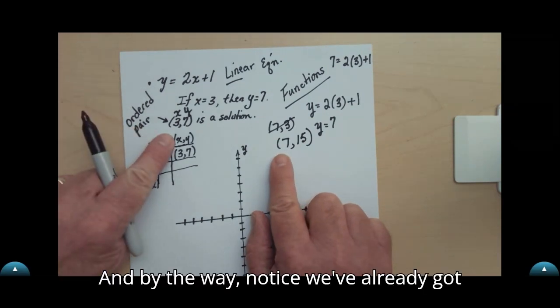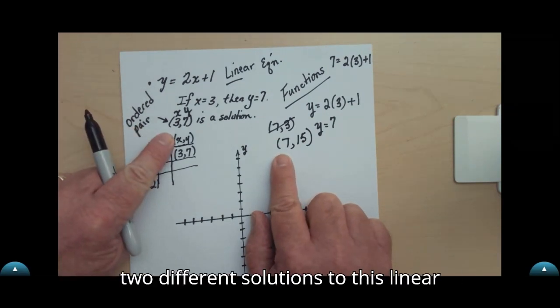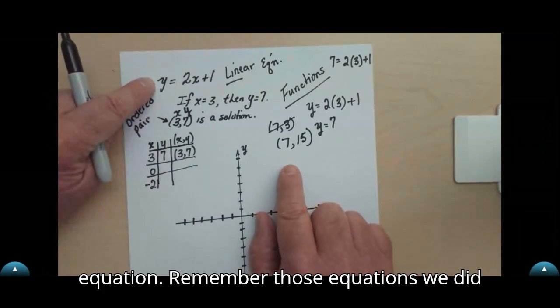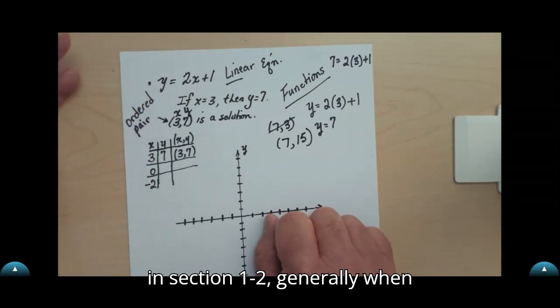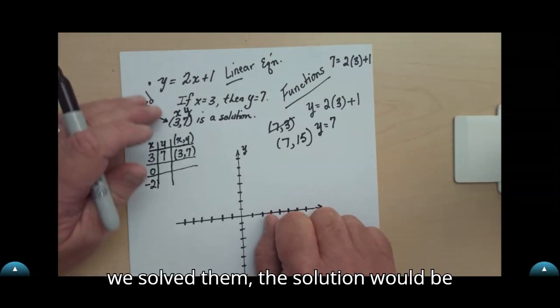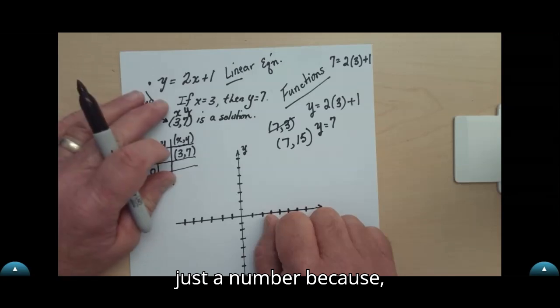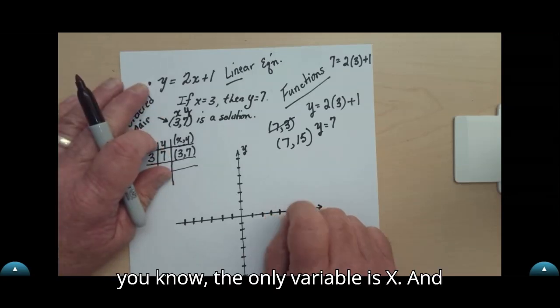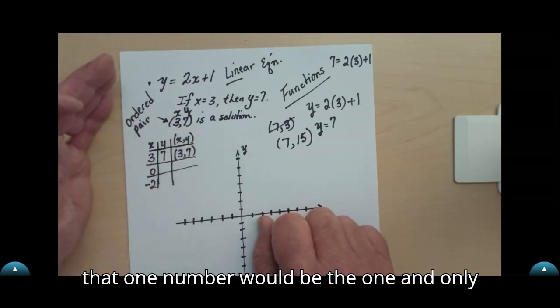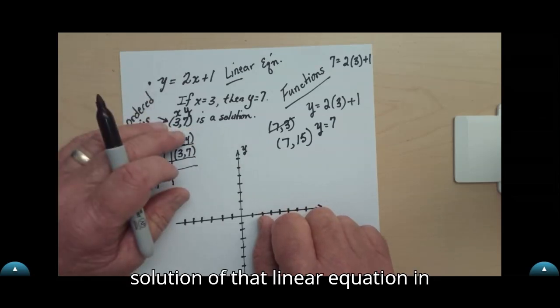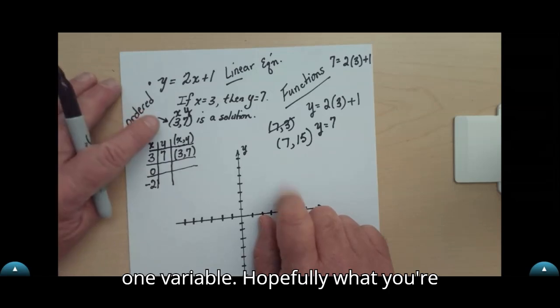And by the way, notice we've already got 2 different solutions to this linear equation. Remember those equations we did in section 1.2, generally when we solved them, the solution would be just a number because the only variable is x, and that one number would be the one and only solution of that linear equation in one variable.